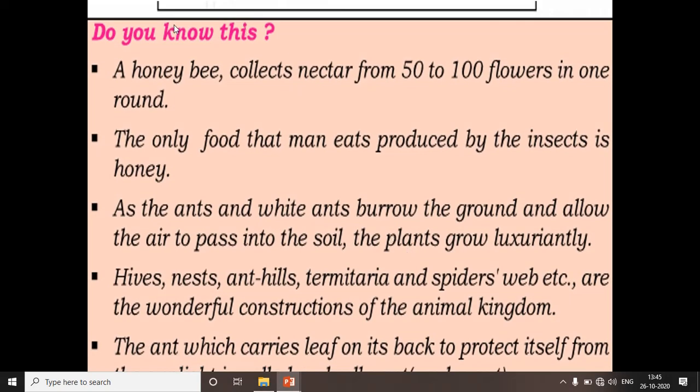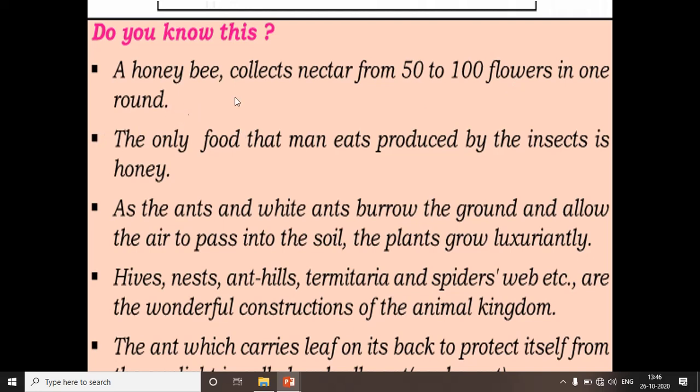Understood, children? Now let us know more about the honeybee and other animals. A honeybee collects nectar from 50 to 100 flowers in one round.